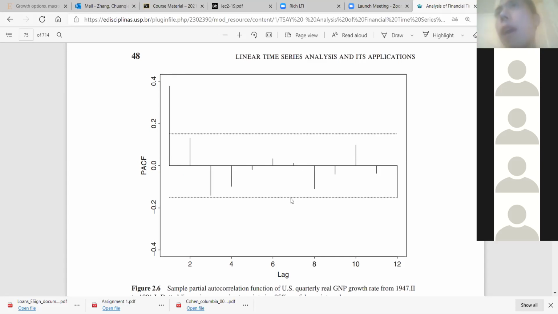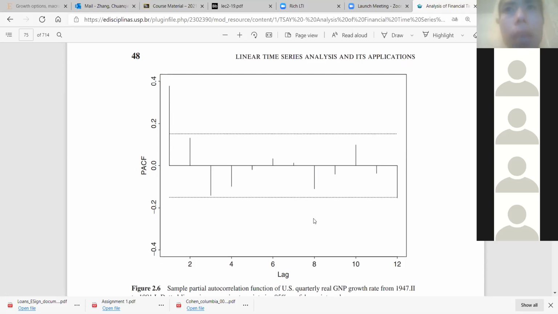Then we can pin down the time lag we want to keep in the model. For example, in this PACF, this is zero, this is a 1, the one right behind. So the PACF is very significant, so definitely the AR(1) model, the order 1, we will keep.